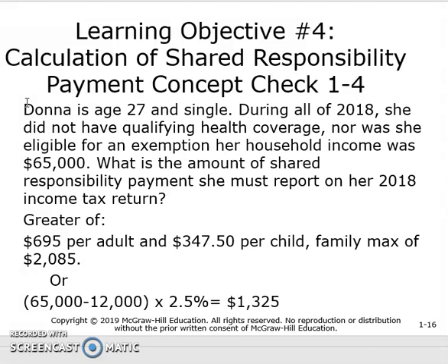So you would take her income of $65,000 and subtract $12,000 and multiply that by 2.5% to get $1,325. So since the calculation is based on the greater of those two numbers, her shared responsibility payment for 2018 would be $1,325.